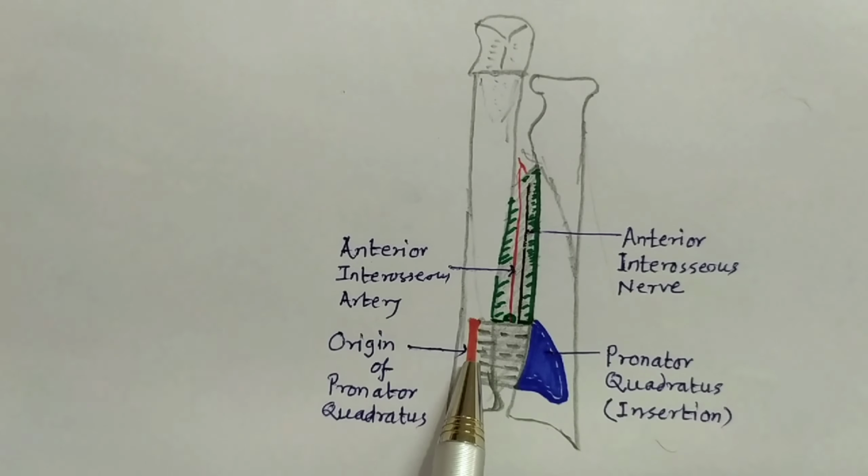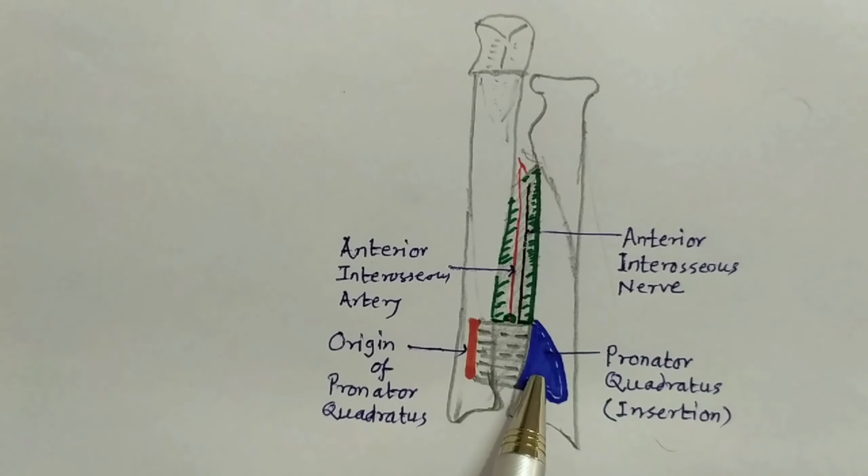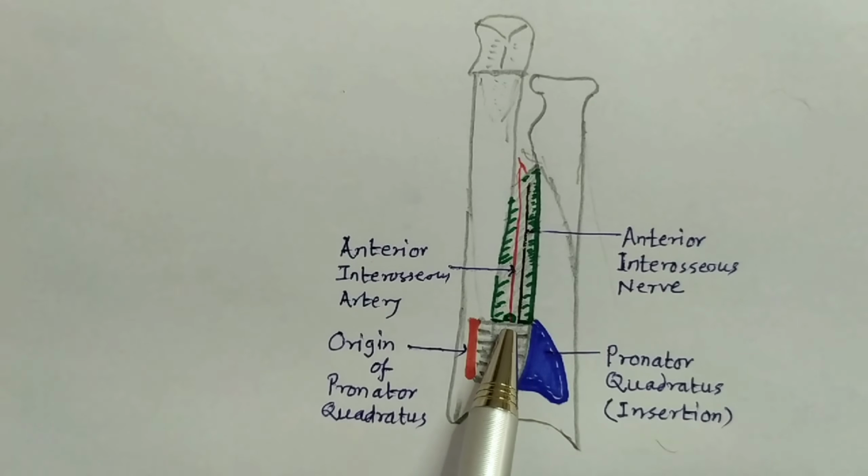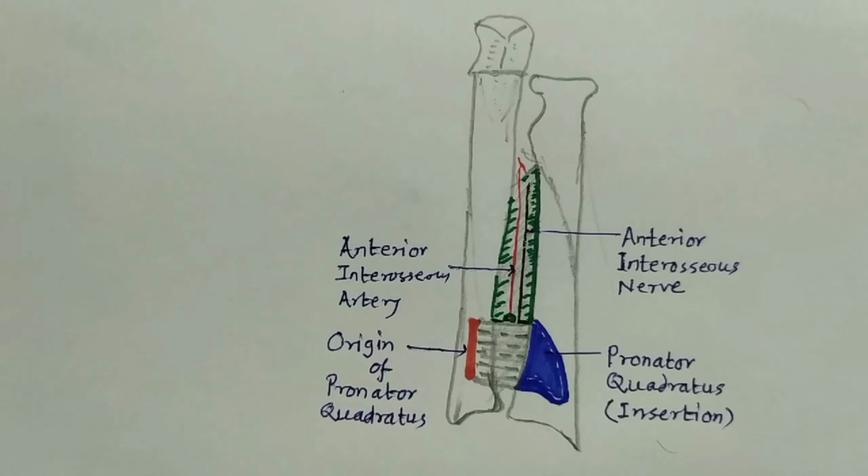It takes origin from ulna and it is inserted on radius. At the upper margin of pronator quadratus muscle, there is a hole for passage of anterior interosseous artery. From this hole, the anterior interosseous artery goes to posterior compartment.